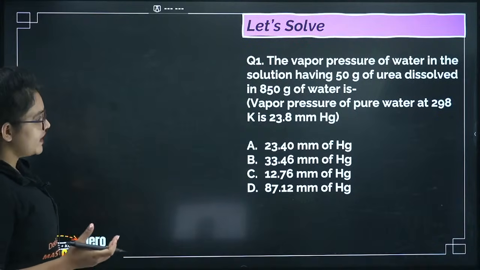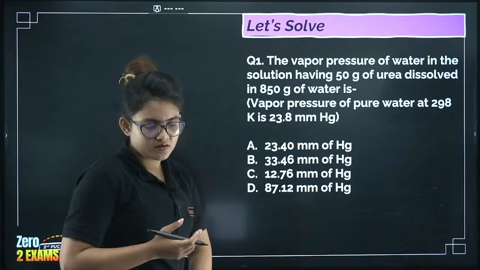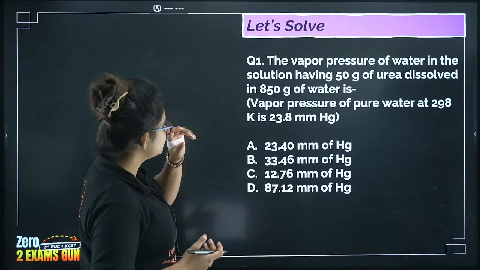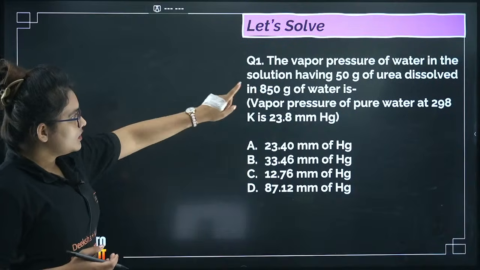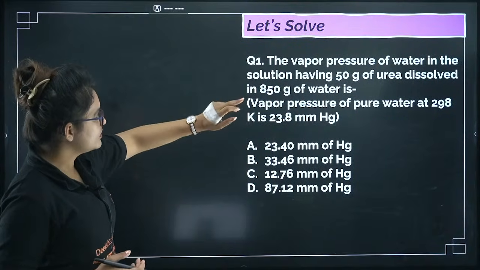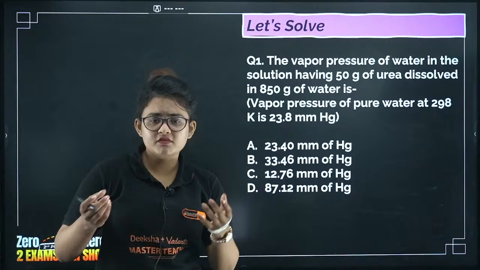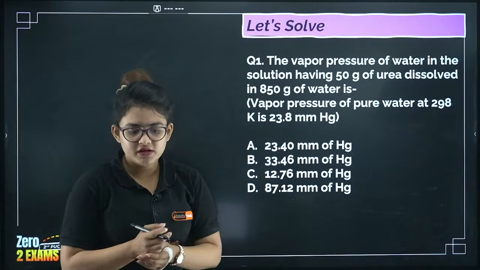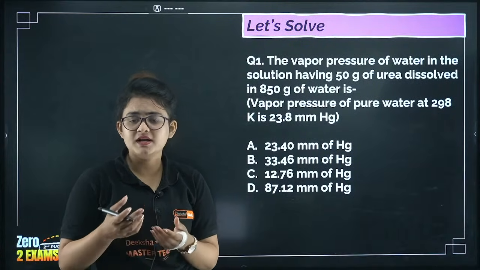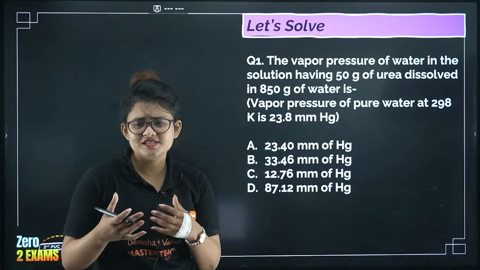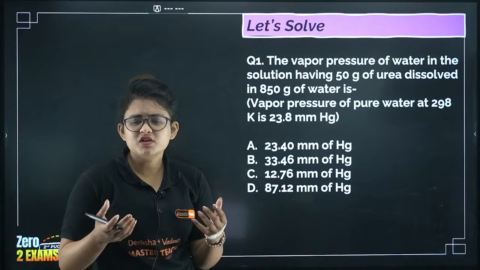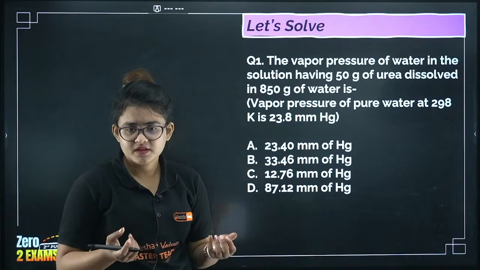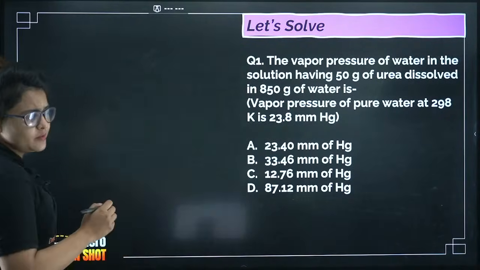Basically you have to find the vapor pressure of the solution, right? Whenever you mix urea in water, urea is not generating any pressure because it is non-volatile. So whatever pressure comes out is because of the water only, right?